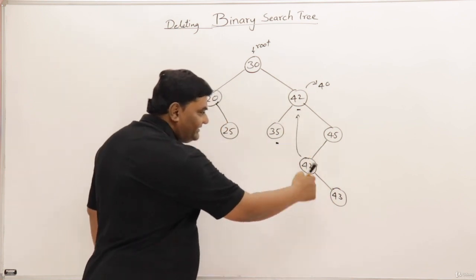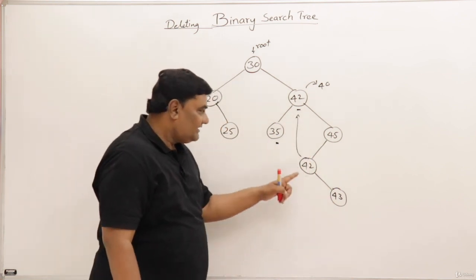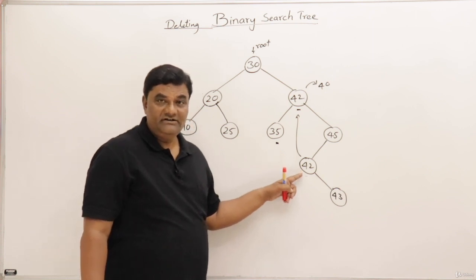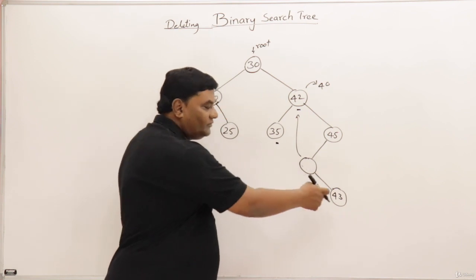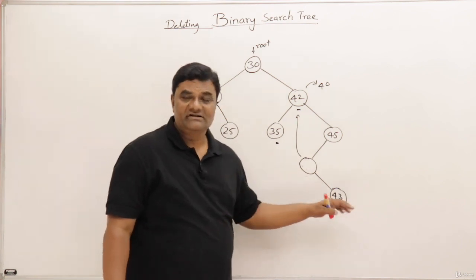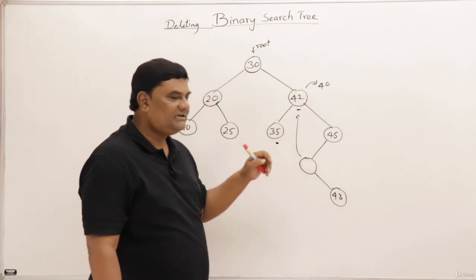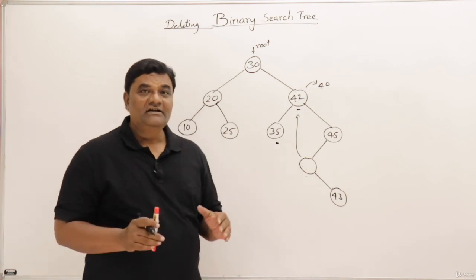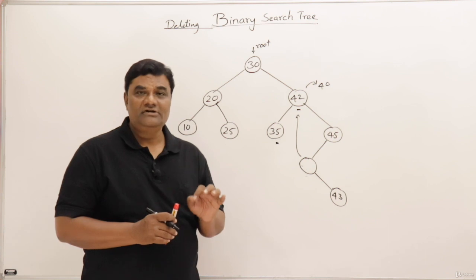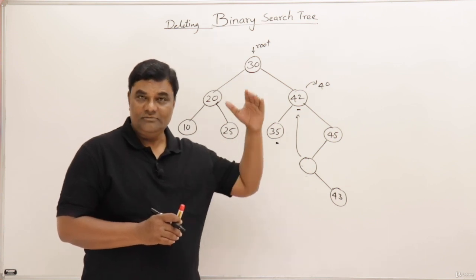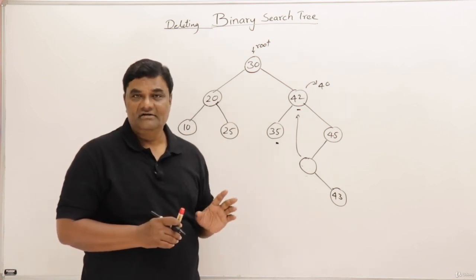But 42 still has some child. It is not a leaf node. Then I should fill up this position also with its in order predecessor or successor. So there is only one node that will come in its place. Listen carefully. We were taking the in order predecessor or successor because we wanted to avoid multiple modifications in the tree.